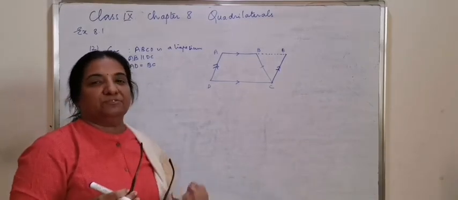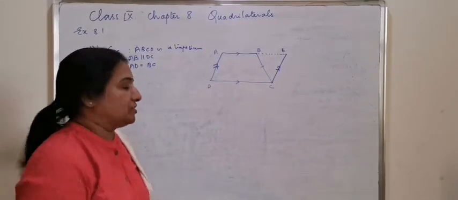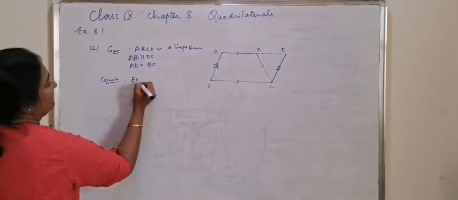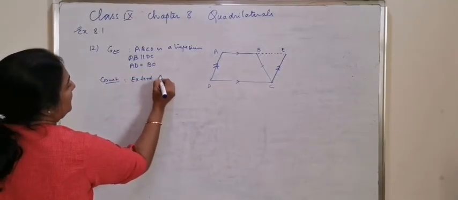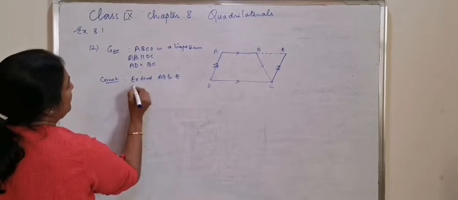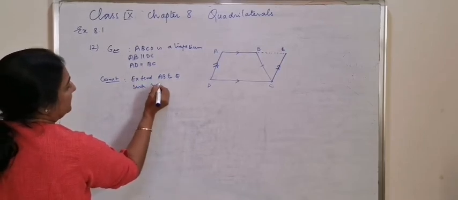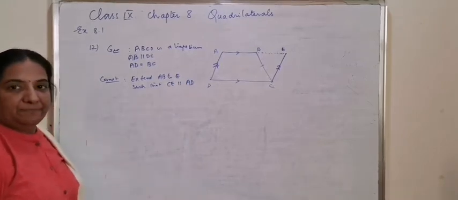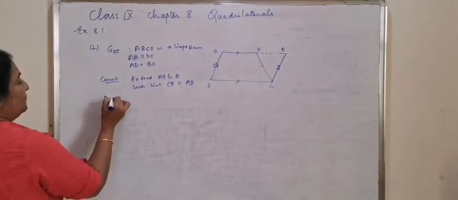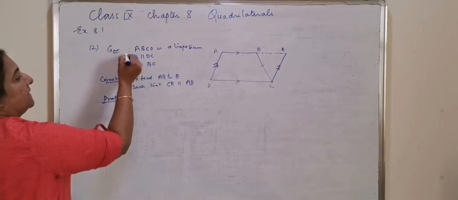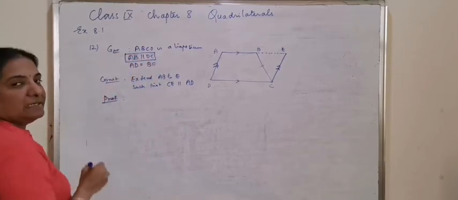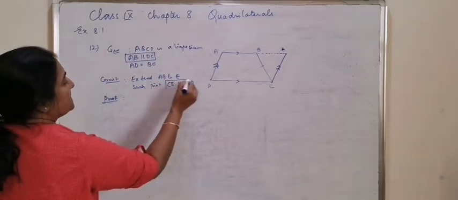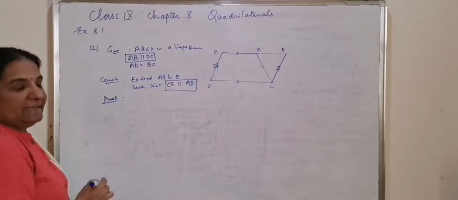For the remaining part of the proof, we need this construction. So extend AB to E such that CE is parallel to AD. So the proof starts with the given concept of AB parallel to DC and CE parallel to AD.